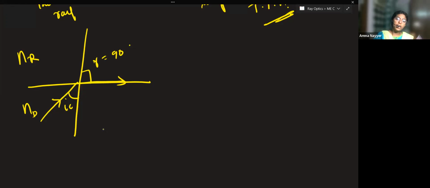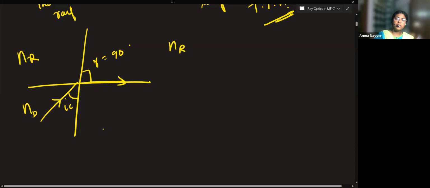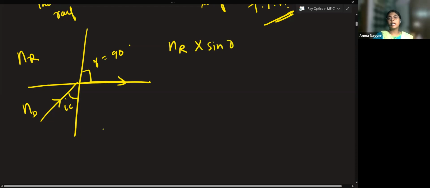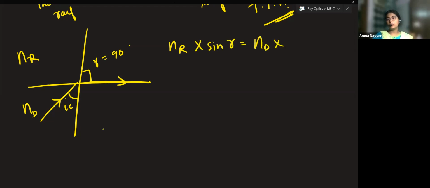So wherever you have the refractive index, let's say this NR, write the sine of the angle that is present with it. That is your sine R. This is equal to ND into sine IC.